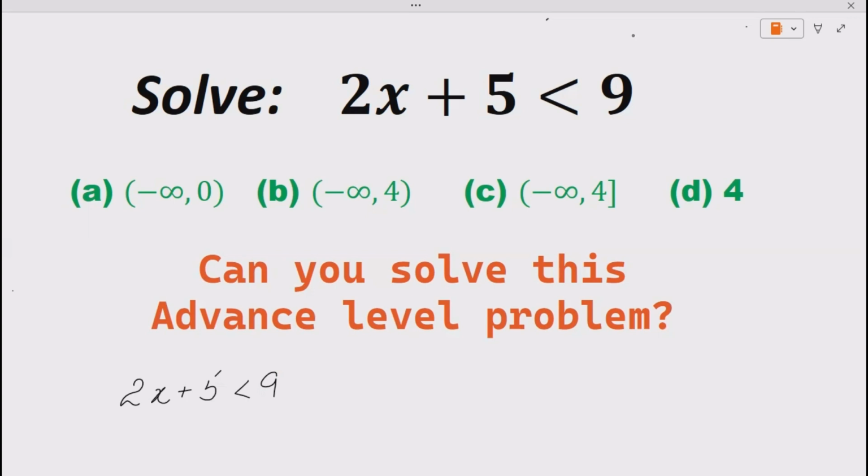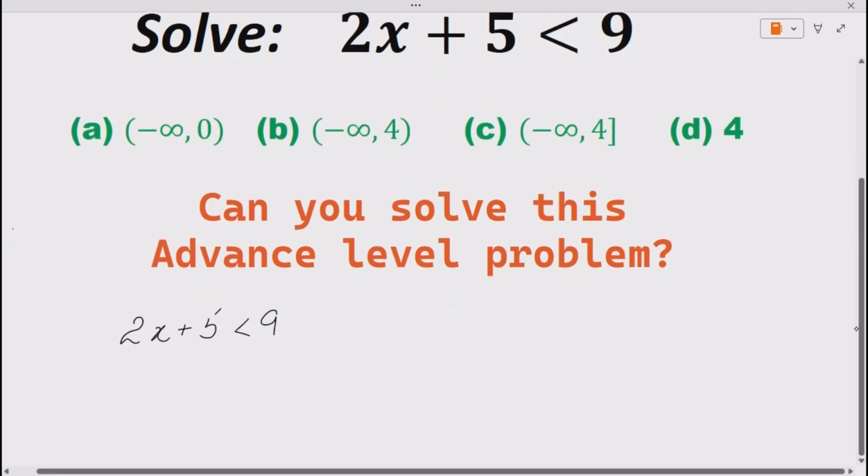For example, when you multiply both sides by a minus sign in an equality, there is no difference. But in an inequality, if you multiply both sides by a minus sign, the inequality actually reverses. If it is less than, it becomes greater than. If it is greater than, it becomes less than. Now, having said that, let's start our question.